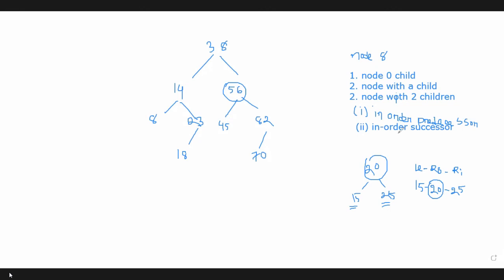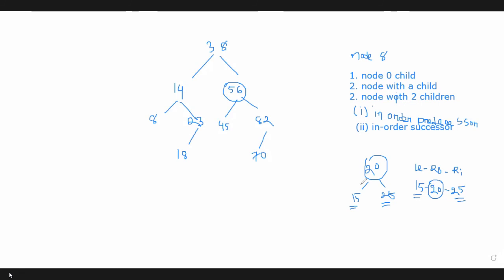That's why in the in order sequence 15 is the predecessor of 20 and the right child is the successor node of 20. Is that clear? This is our in order sequence, and the position of 15 is before the root node. That's why it is the predecessor of the root node, and the right child is the successor of the root node.